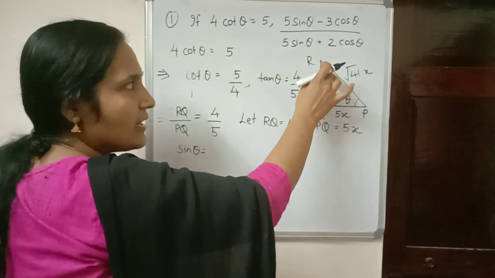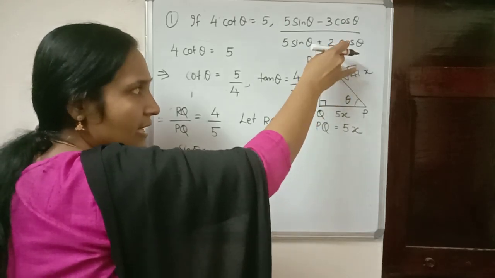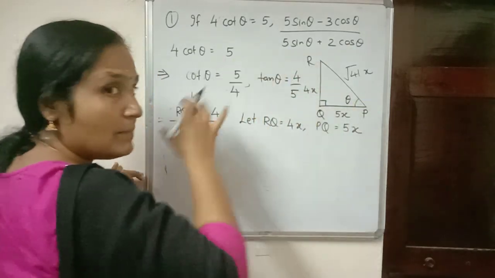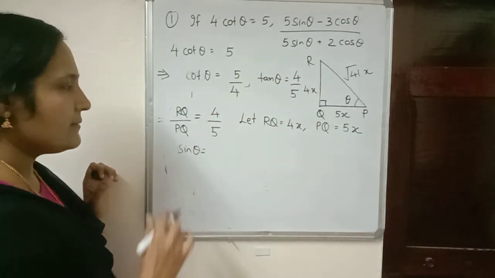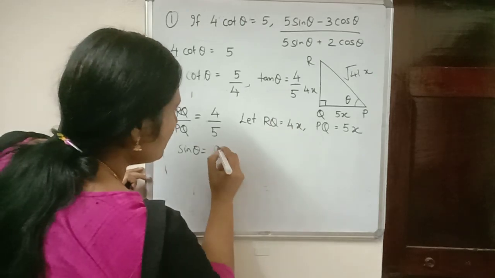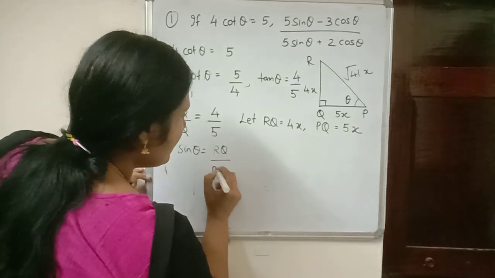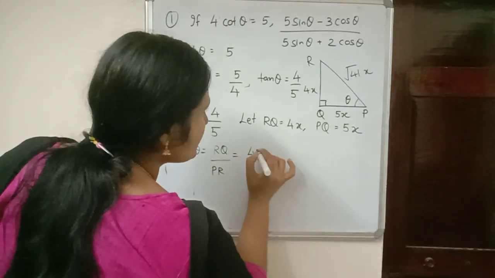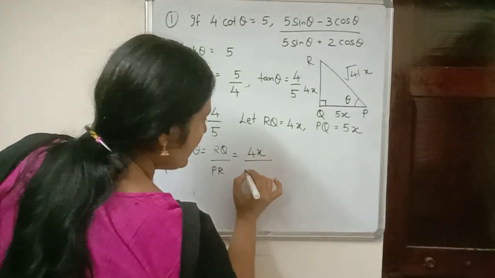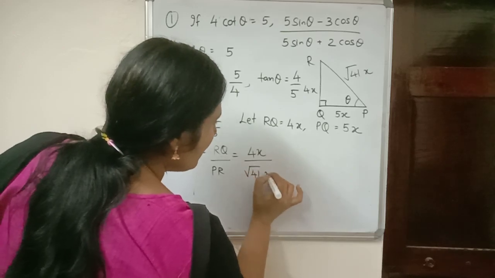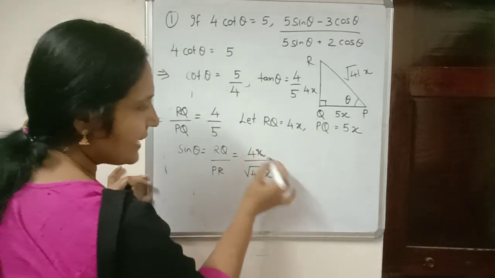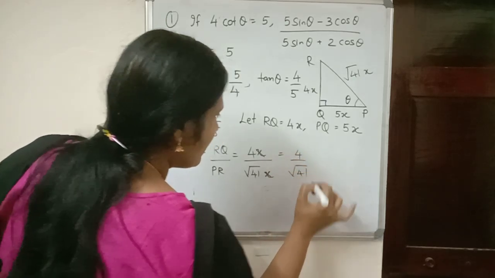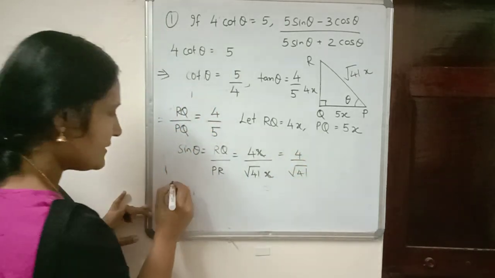Whatever theta you take, if you are taking theta here, the side opposite will be RQ, so we consider RQ as the perpendicular. So sin theta is equal to RQ by PR. Substitute the value of RQ, which is 4x, by PR, which we just calculated as root 41x. The x and x get cancelled. We get 4 by root 41 as the value of sin theta.